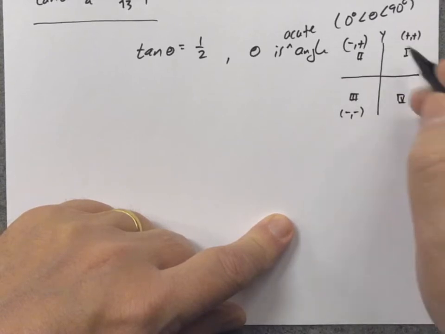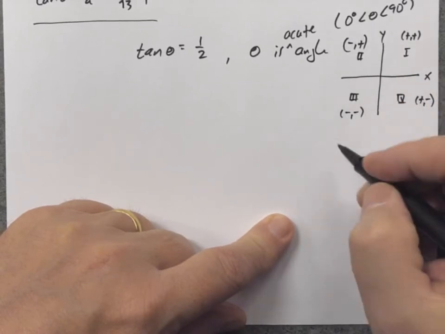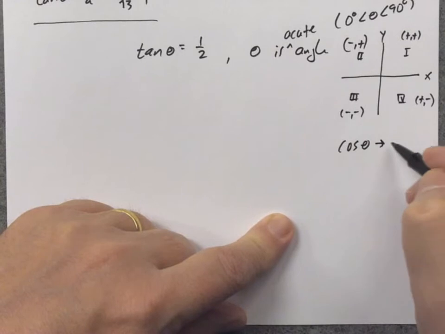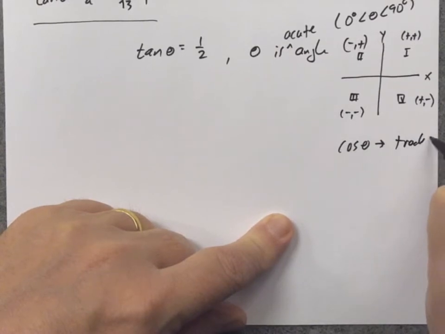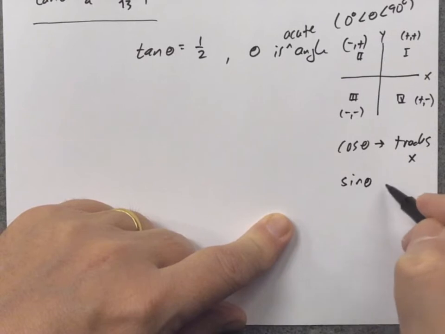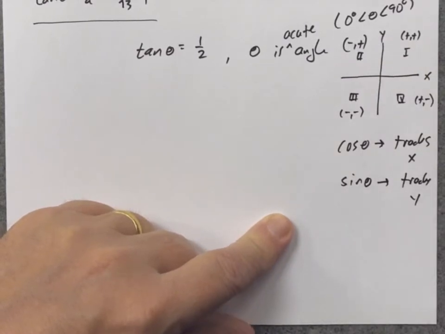Whatever quadrant I'm in, if I'm trying to decide whether my cosine should be plus or minus or my sine should be minus, here's how I do it. Cosine tracks x, the sine tracks y. What does that mean?